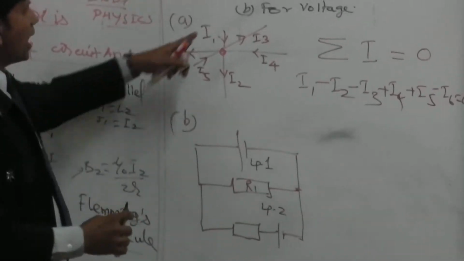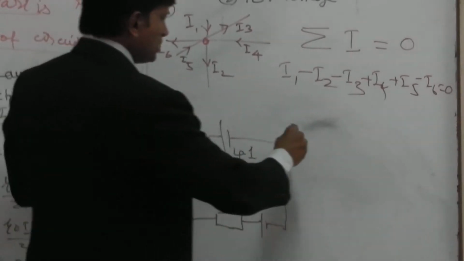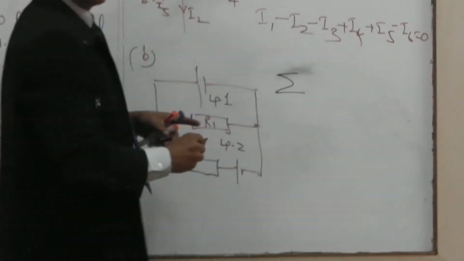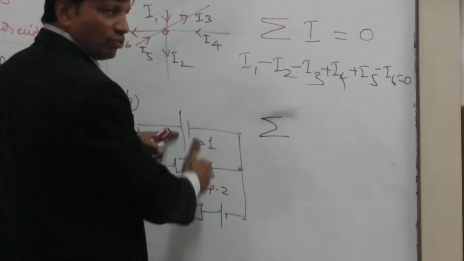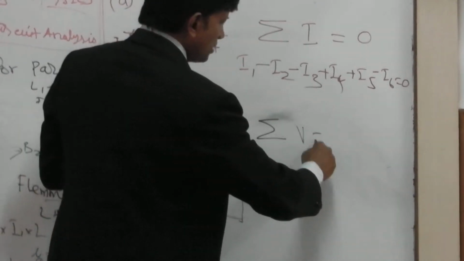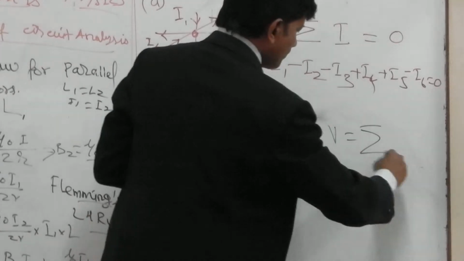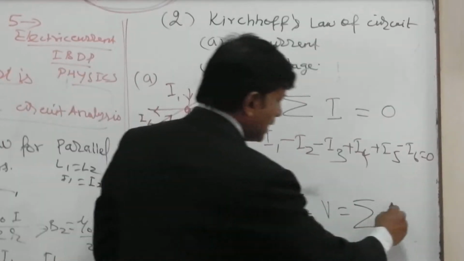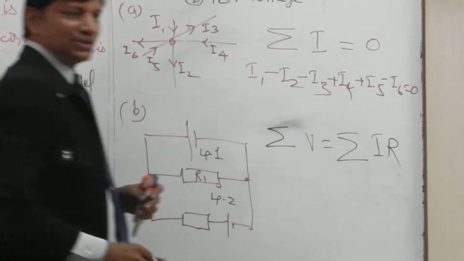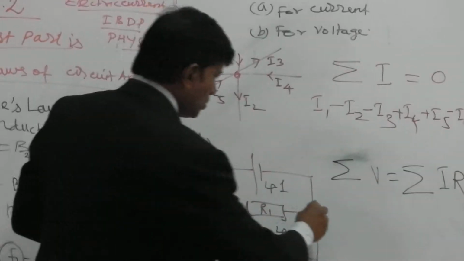Now in this case, how to apply the voltage law? The voltage law says the summation of the battery voltages is always equal to the summation of the product of current and resistance. How to apply it? Loop 1.